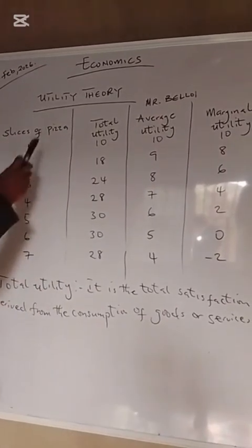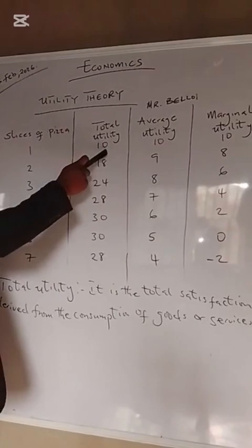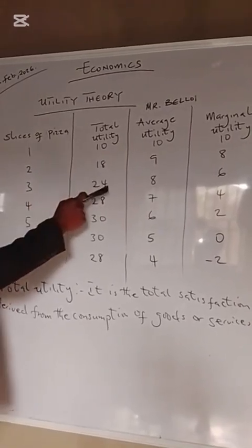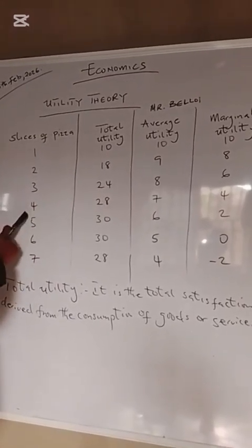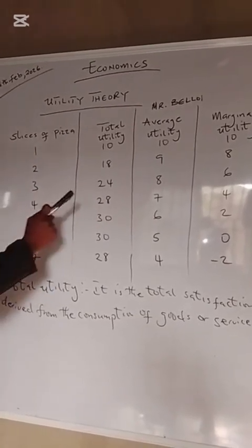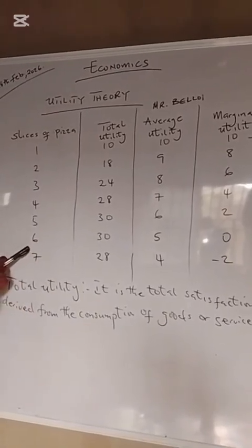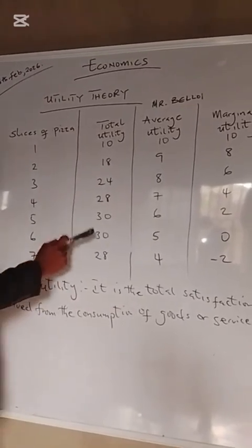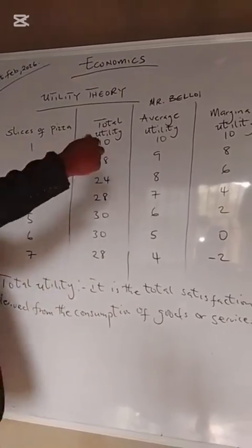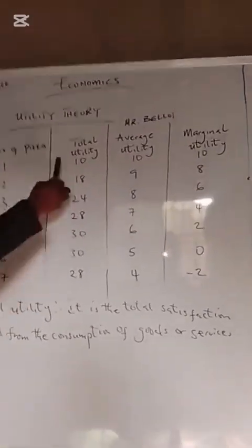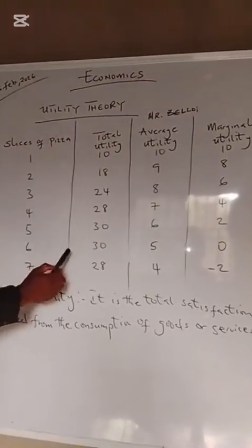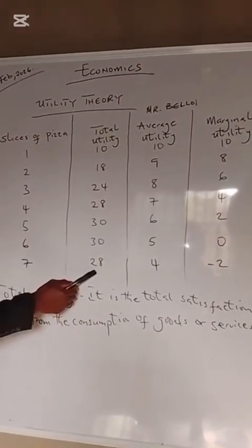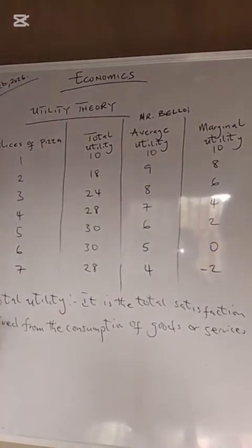From 1, you got a total utility of 10, 2, 18, for 3, 24, for taking 4 slices, 28, 5, 30. When it got to 6, it remains static at 30. When it goes to 7, it starts decreasing. That's why we say that at the initial stage, the total utility will be increasing, but at the eventual stage, it's going to be decreasing. That's what they call total utility.